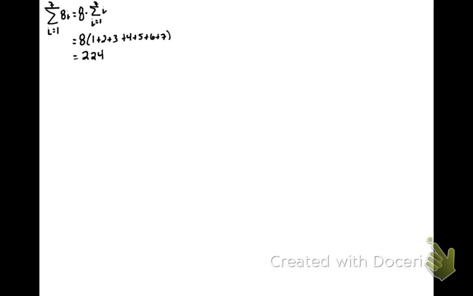Now for example 6, what we have is the sum as I goes from 1 to 5, and the rule is 5i minus 2. So I'm going to apply the second property and break this up into two sums. The first is the sum as I goes from 1 to 5 of just 5i, and that will be minus the sum as I goes from 1 to 5 of 2.